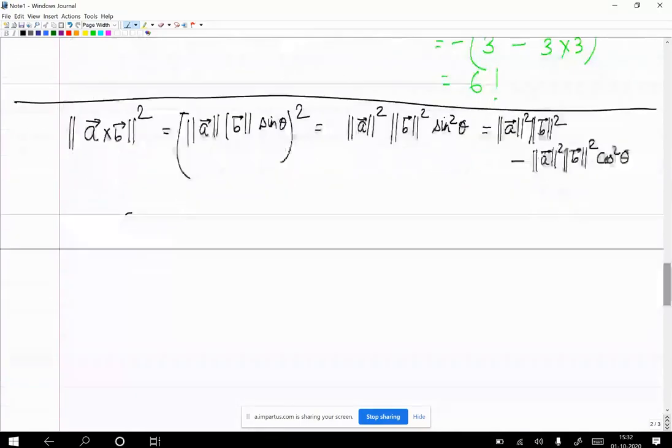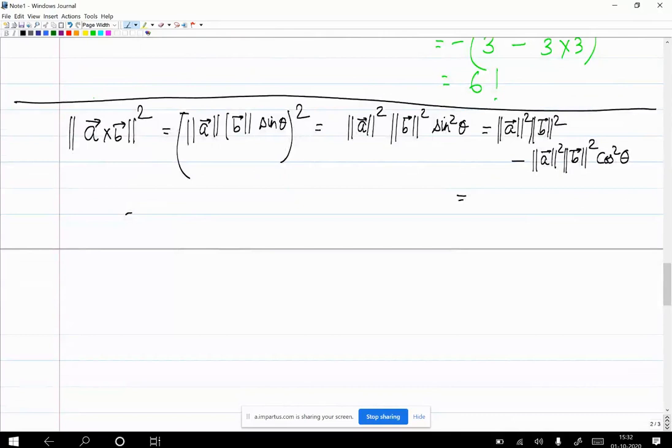Okay. Now let us try to write this in indicial notation. So magnitude of A square, what is that equal to? Can someone tell me what is magnitude of A square in index notation? A_i square.